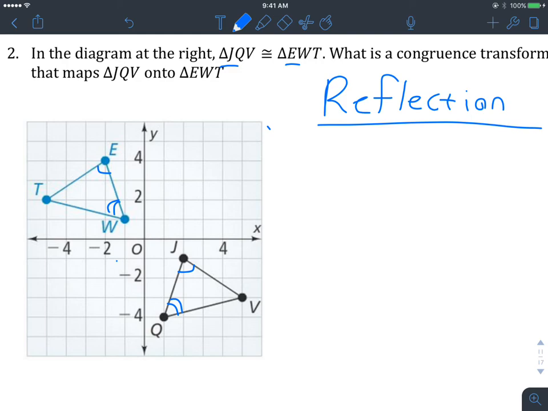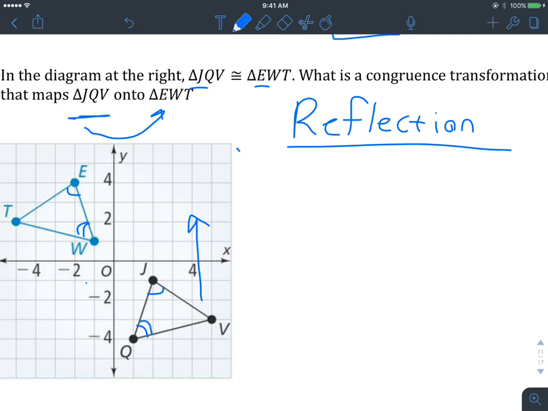Actually, I need to pay attention to the order here. We're going from JQV to EWT. So we're starting with this figure here, and then trying to figure out how to get to this figure right here. So I'm going to do a translation. I think this thing needs to go up, and then I'm going to do a reflection across the y-axis.